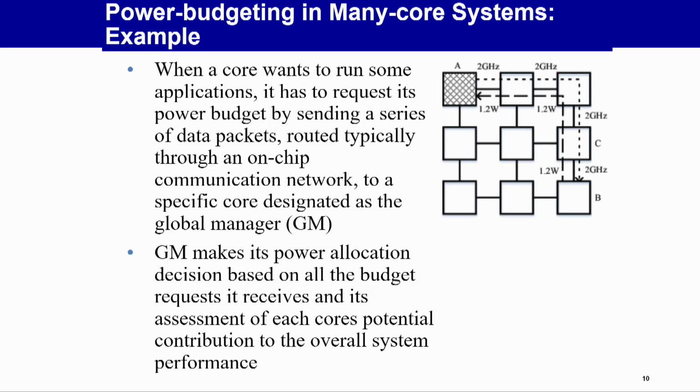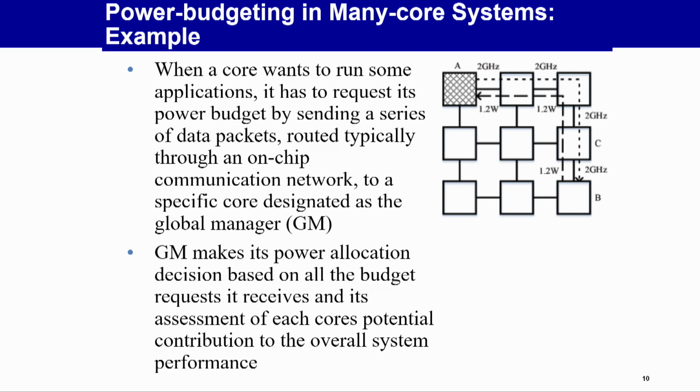This is how it happens in our processors as well. There are many cores, each needing to run at a certain frequency or power level. They all request, and then the manager decides how much power can be given to different cores. This is how power budgeting happens in many core systems.